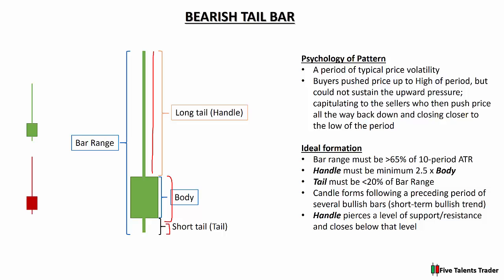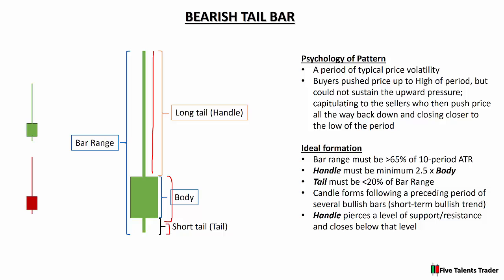It doesn't matter if it's red or green. Similar to the bullish, the bar range must be minimum 65% of the 10-day ATR. The handle must be minimum 2.5 times the body. The tail must be less than 20% of the bar range.